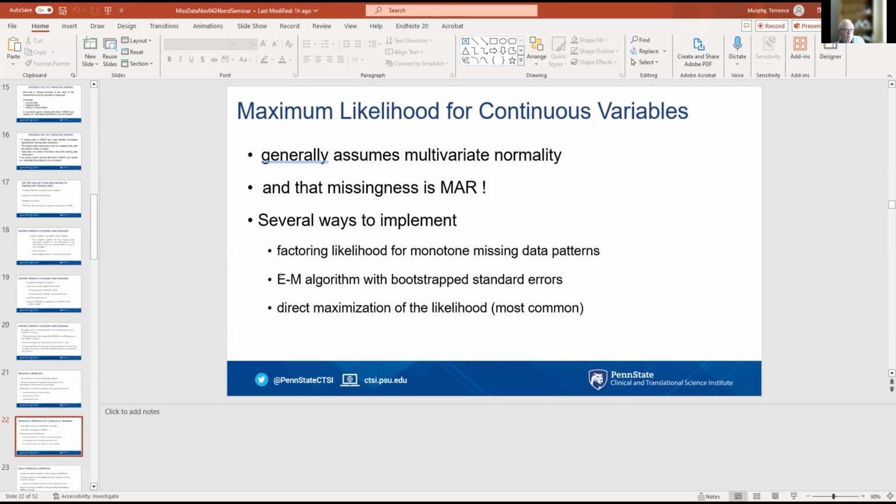Rubin also came up with an approach called the expectation maximization algorithm, which can perform maximum likelihood. It doesn't yield great estimates of standard error, so you can use bootstrapping for that purpose. The most common way that maximum likelihood is used to address missingness is with direct maximization of the likelihood.